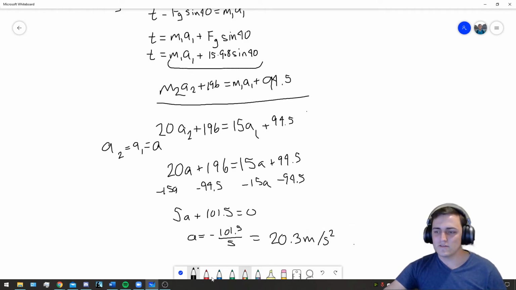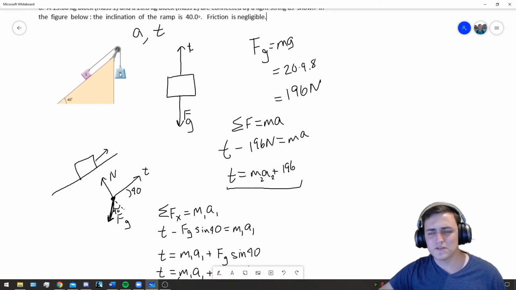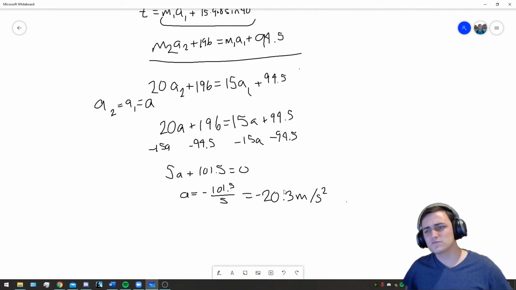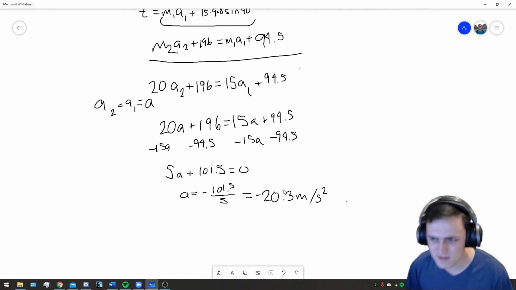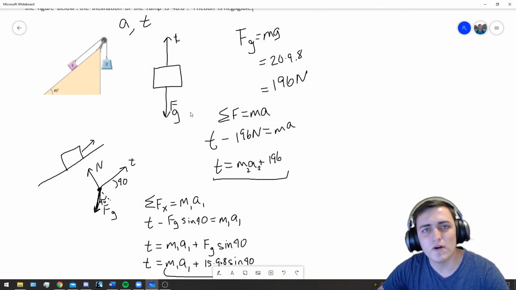Now, we got a negative. So let's make sure we keep that there. Because that negative tells us that we are accelerating sort of downwards in the negative y direction. The negative is a little bit confusing, right? It's a little weird. Not exactly what we would have expected. But we know that there's only one way for this system to accelerate, right?